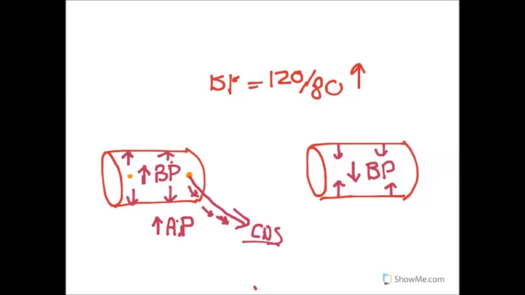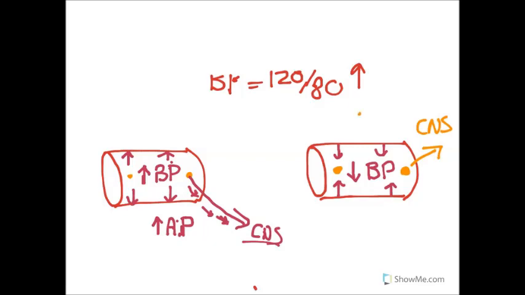And so when these baroreceptors that are located here monitor this change, they detect that it's gone down, and they send signals to the CNS that the blood pressure has in fact gone down.